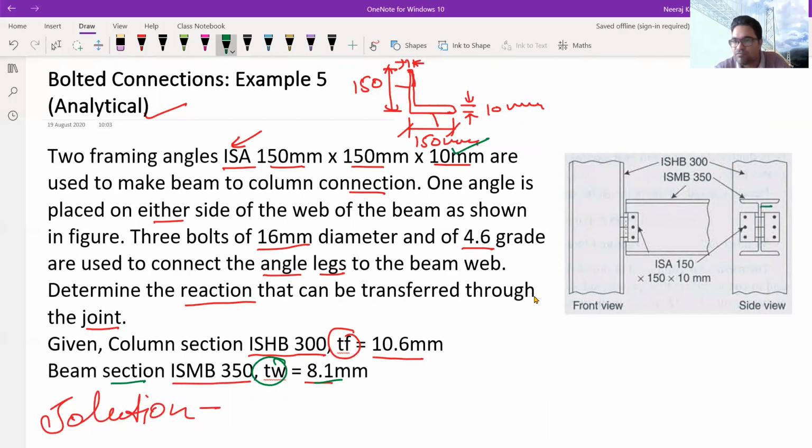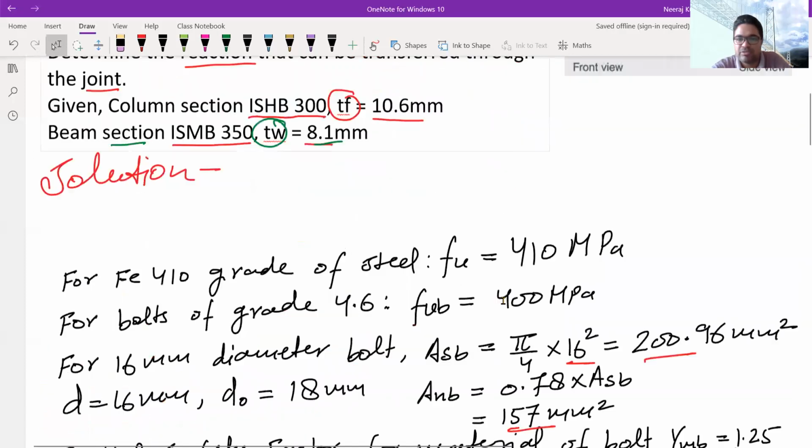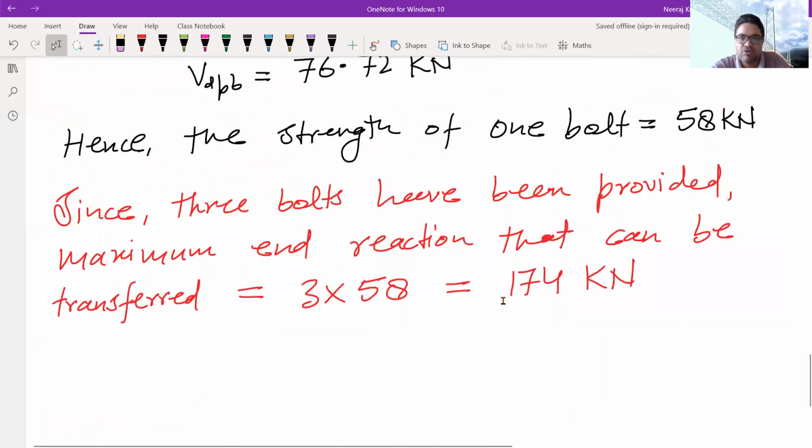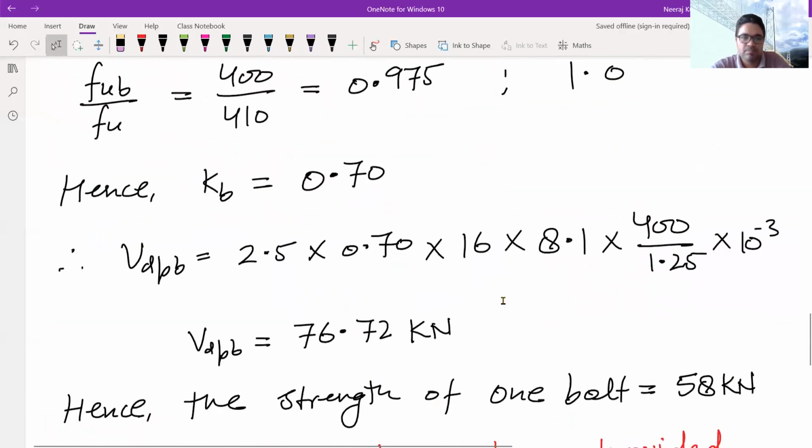So among them, the lesser thickness is 8.1. That will be the value of t that we use in the calculation of the bearing strength of the bolt. So this 8.1 is the thickness, and 16 mm is the diameter of the bolt.